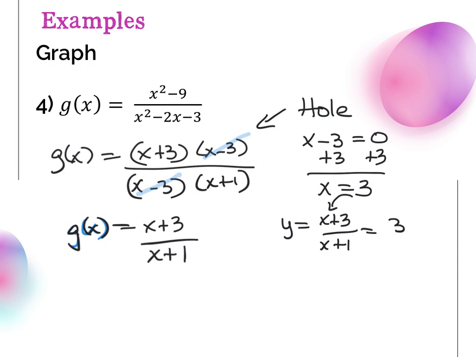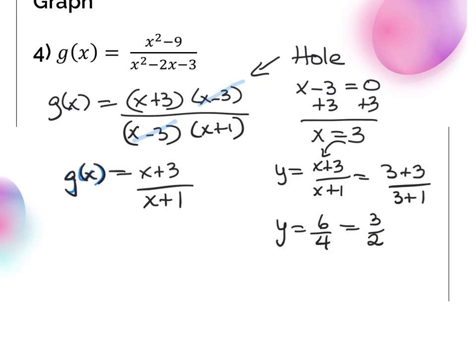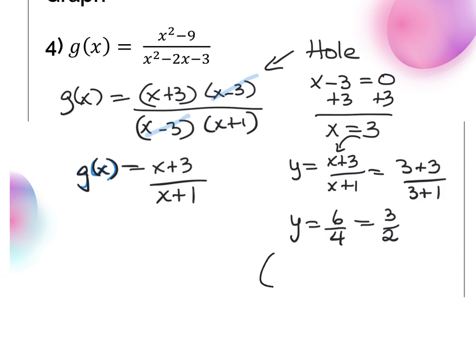So this will become (3 plus 3) over (3 plus 1), 6 over 4, which simplifies to 3 over 2. So the hole in my graph is going to be located at the ordered pair (3, 3/2), or you could say (3, 1.5). This is where I'm going to have a hole in the graph when I make my graph.